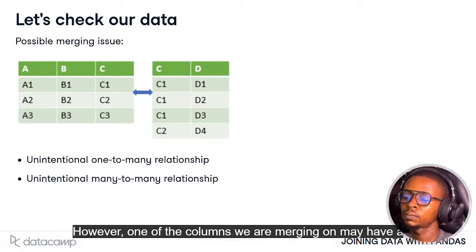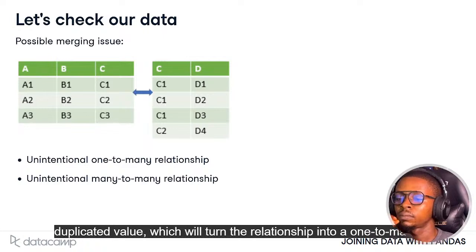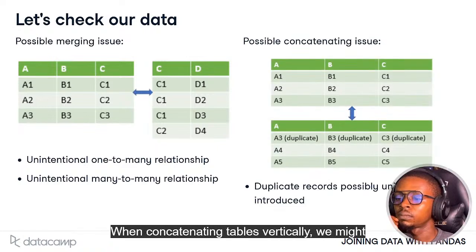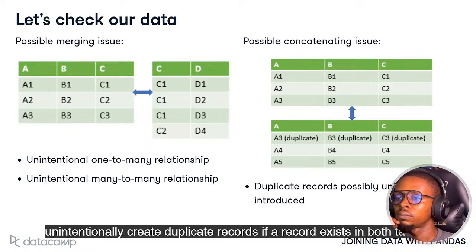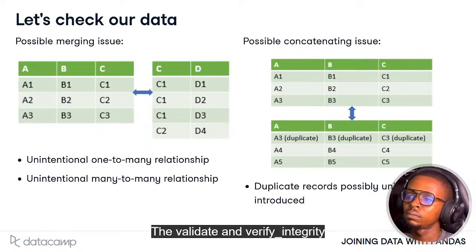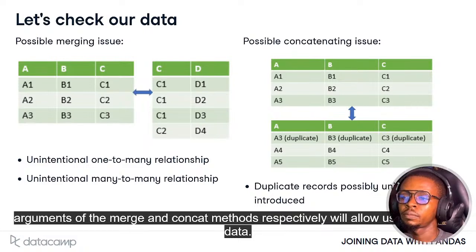However, one of the columns we are merging on may have a duplicated value, which will turn the relationship into a one-to-many. When concatenating tables vertically, we might unintentionally create duplicate records if a record exists in both tables. The validate and verify integrity arguments of the merge and concat methods, respectively, will allow us to verify the data.